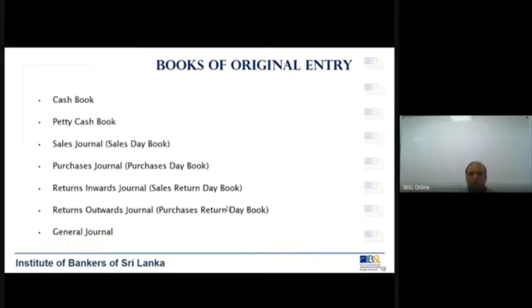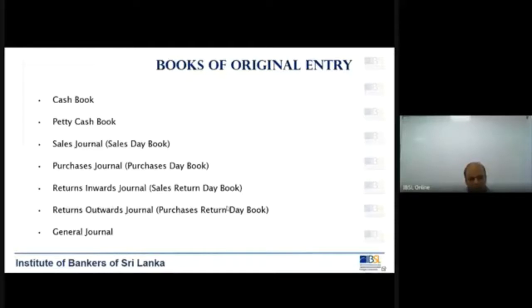So looking at the books of original entry or the prime entry books, there are altogether 7 day books or 7 journals, but we call them as journals also. So what are the 7 day books?